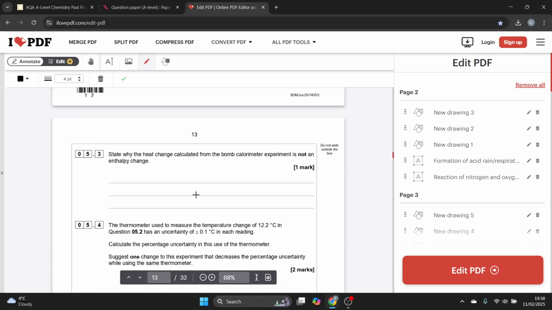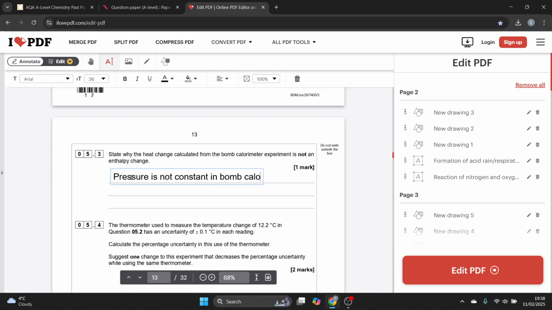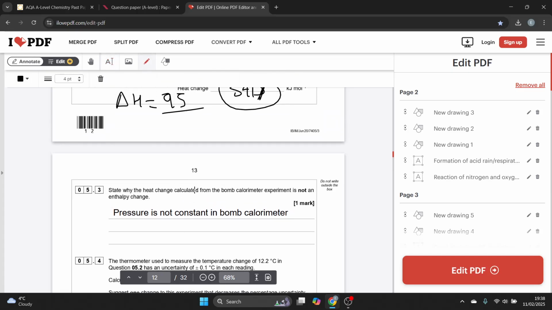State why the heat change calculated from the bomb calorimeter experiment is not an enthalpy change. Pressure is not constant in bomb calorimeter. How would I know that? No, how would I know if he's even talking about pressure? Well, what's the definition of enthalpy change?